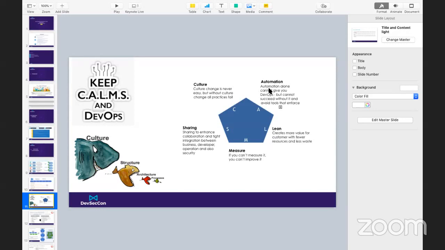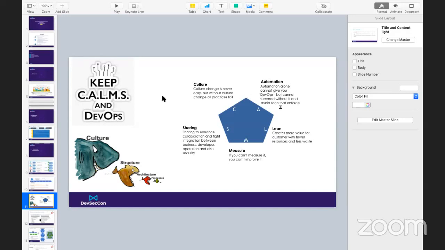The second thing, the easy one, is automation. Automation alone cannot give you DevOps or DevSecOps, but you cannot succeed without it, so use tools that enforce it. You need to do the culture change and also the automation.